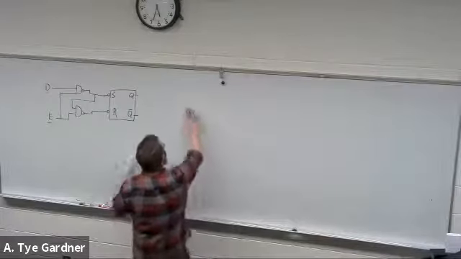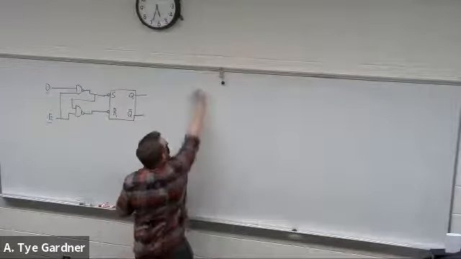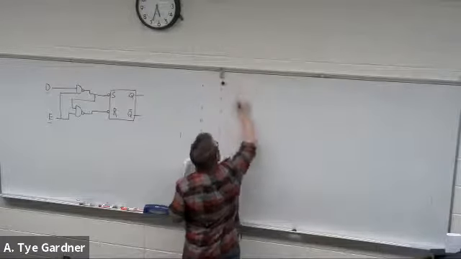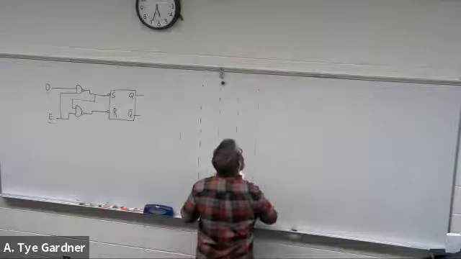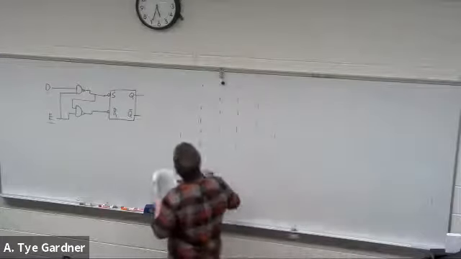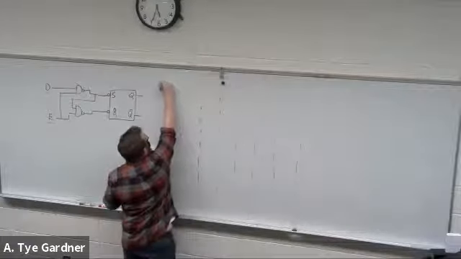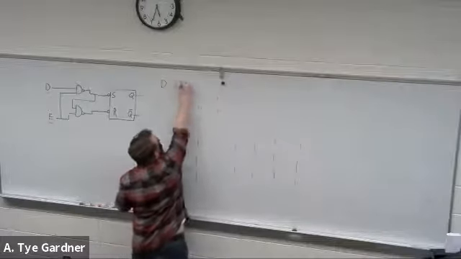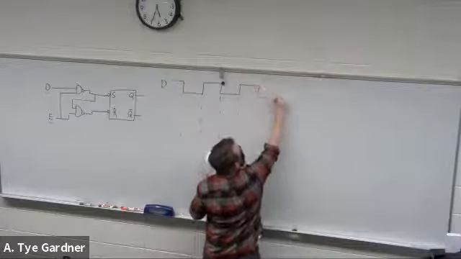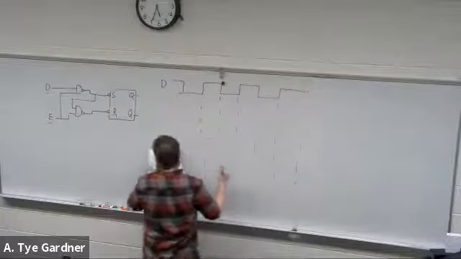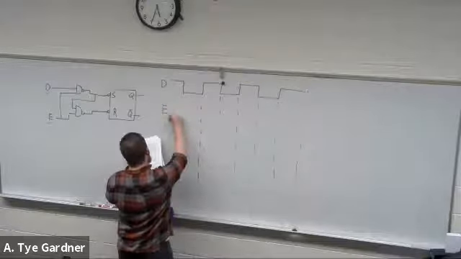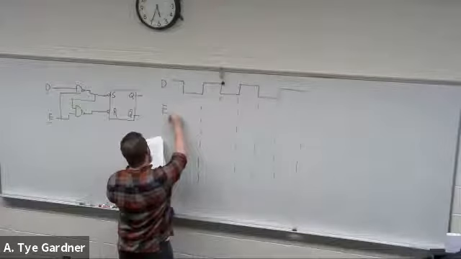So let's say I have a timing diagram. And I'm going to have a data that more or less is going to start high, drop, and then I'm going to have an enable that starts low.